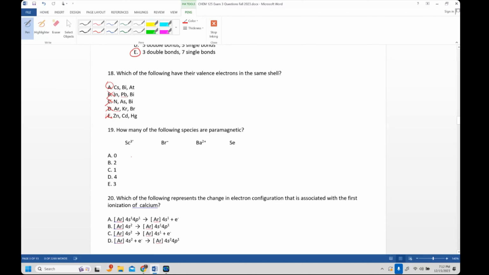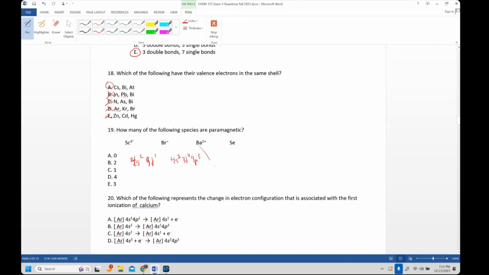Its electron configuration is 4s2 3d1. Bromine is 4s2 3d10 4p5.